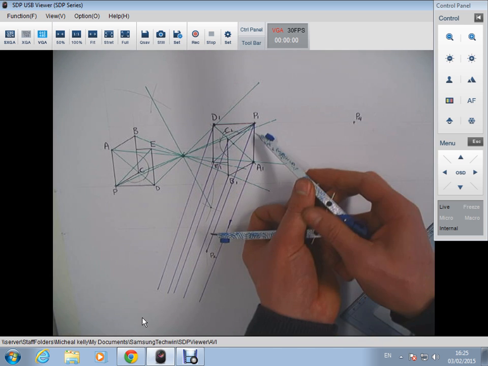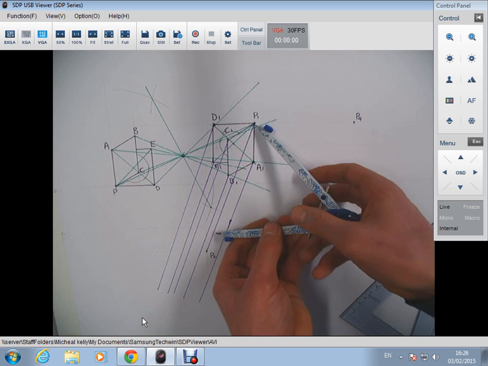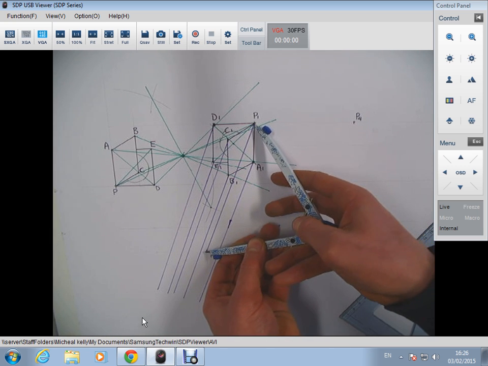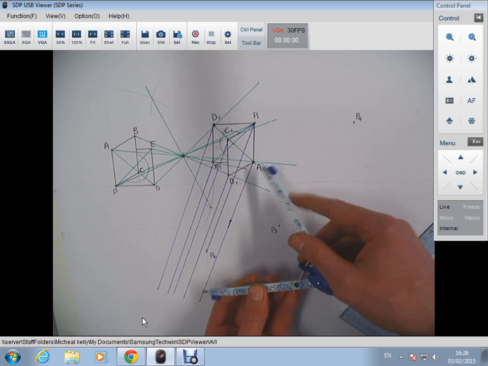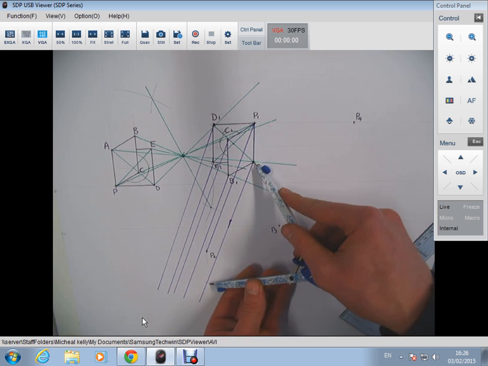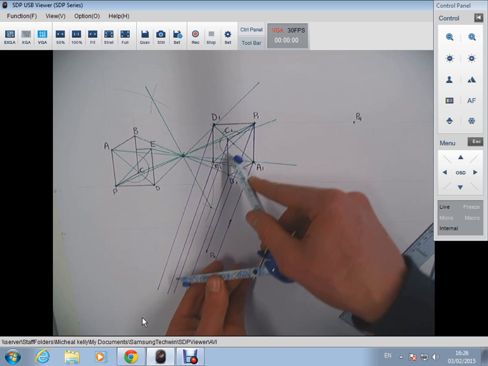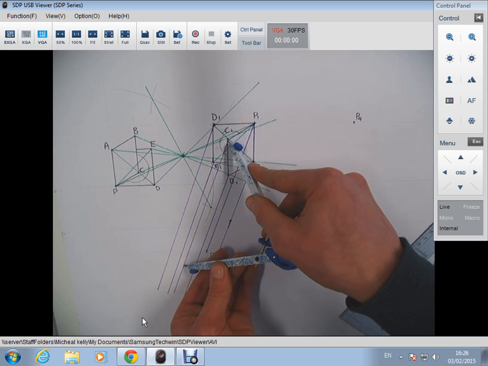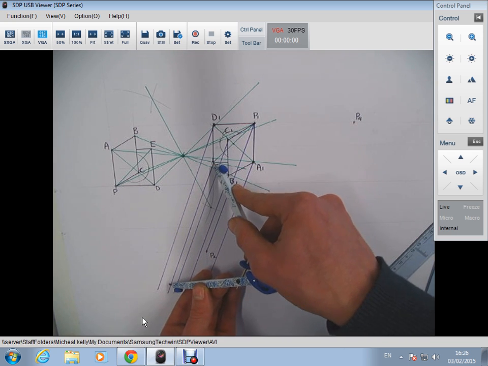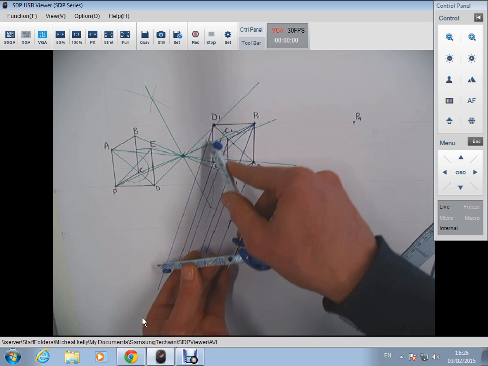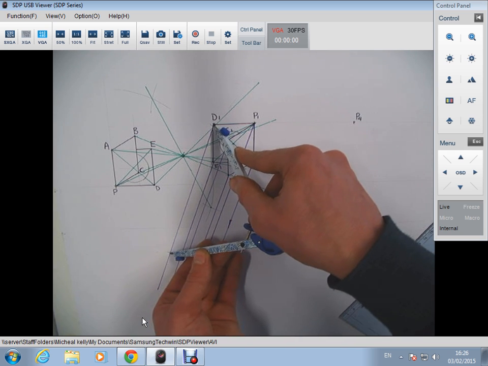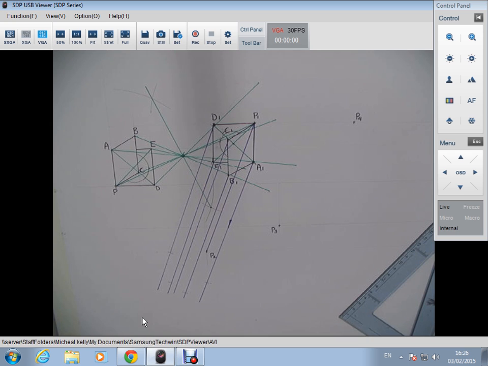So I can set that length on my compass. I can measure it either way, whatever way I prefer. So from the distance from point P to P1, step that distance using my compass along each of the lines. Again, making sure to index my points as I go.